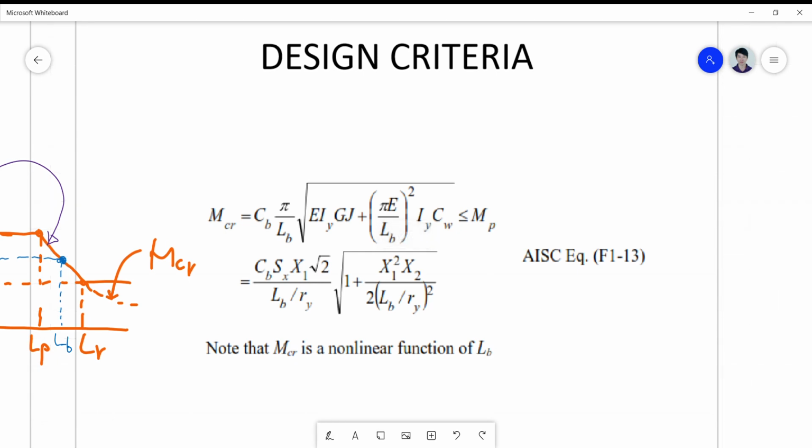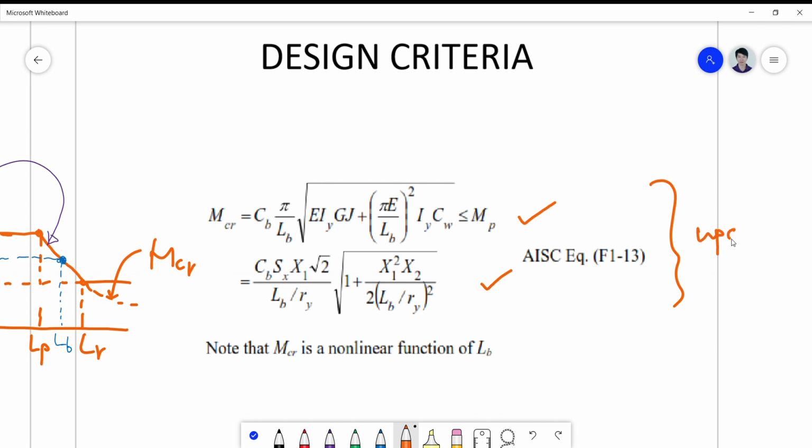So you can use either this formula or this formula. Again, some updates on the AISC will be given to you later. Where MCR, take note, is a nonlinear function of LB. Okay?